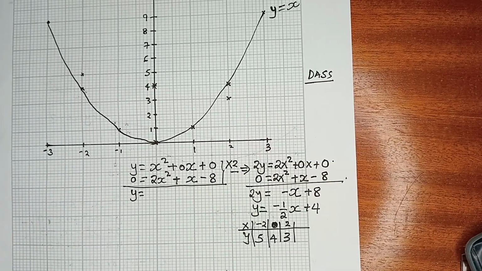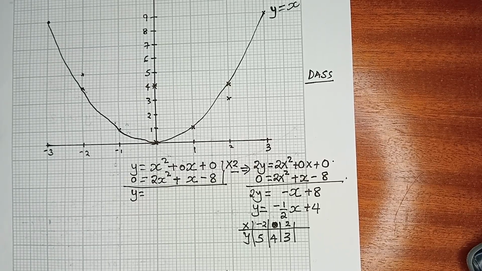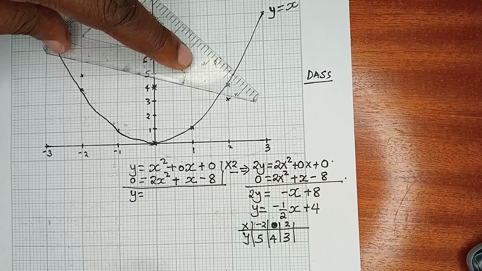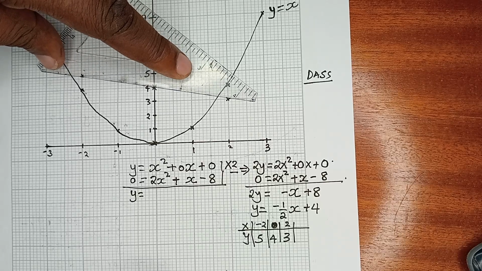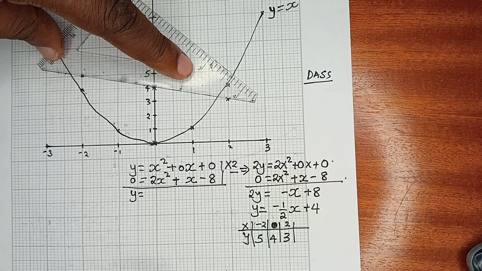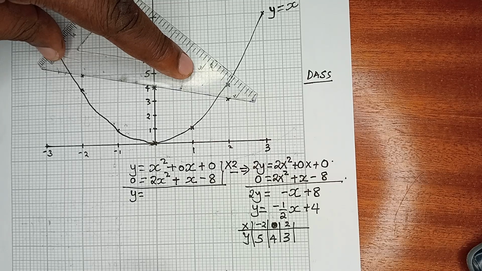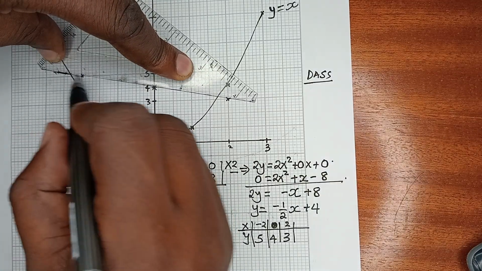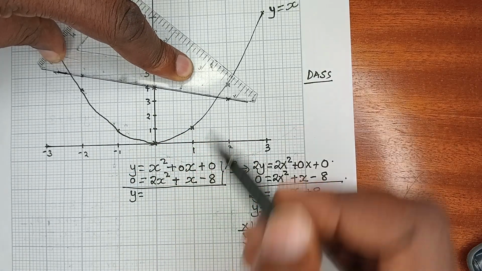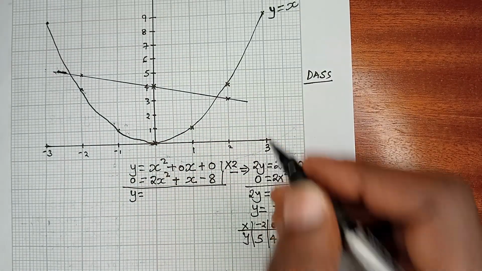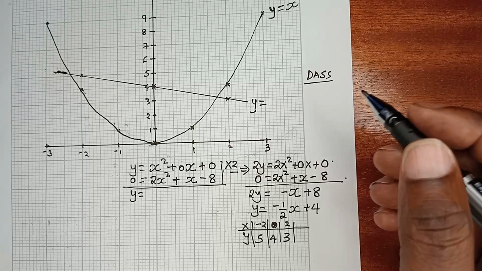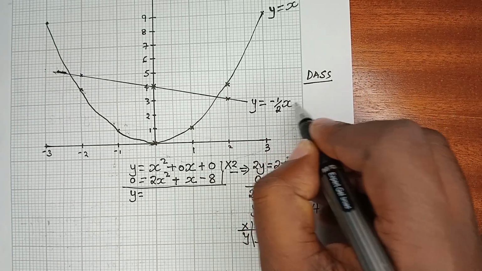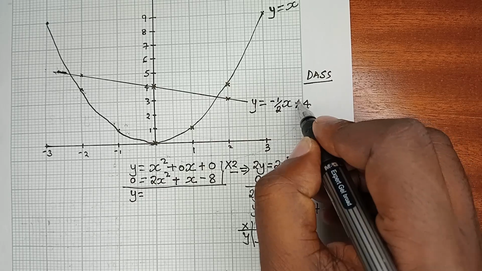And let us now draw that graph and get our point of intersection. This is the graph. When x is minus 2, we have 5. There we go. And what is the name of this graph? y is equal to negative a half x plus 4.